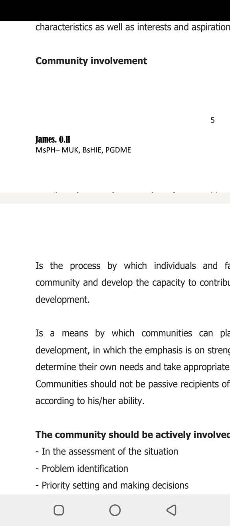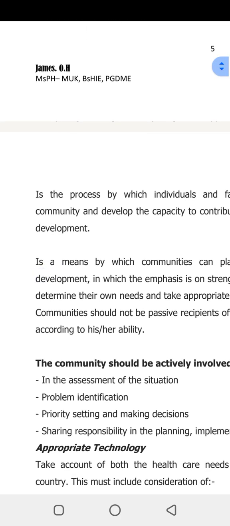By the time the experts come in, the PHC experts and experts from all different bodies come on the ground, we would have already played a big part of identifying what is exactly pressing us, what is the major problem, the major challenge of the community, so that if the experts come, they put their money, they implement the right project that's going to meet all people's needs in a particular community.